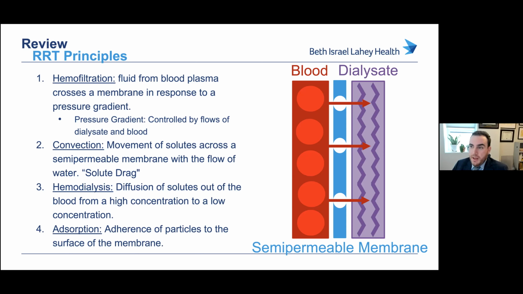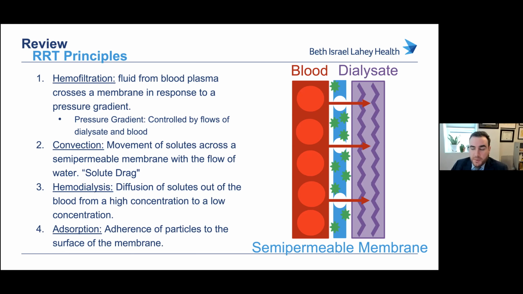Things that it also helps are uremia and various toxins can cross as well. They don't cross through convection, but they will go down from a very high concentration in the blood into a very low concentration in the dialysate. The last principle is absorption.